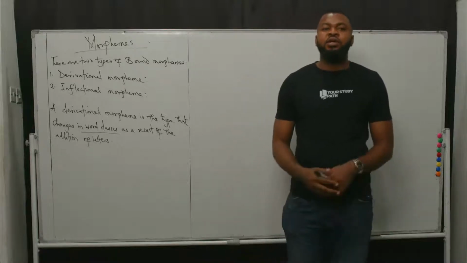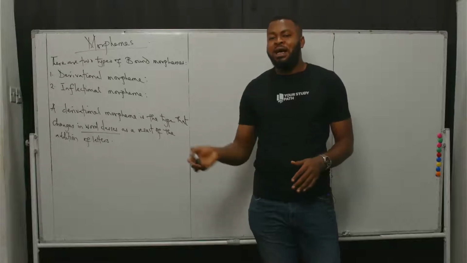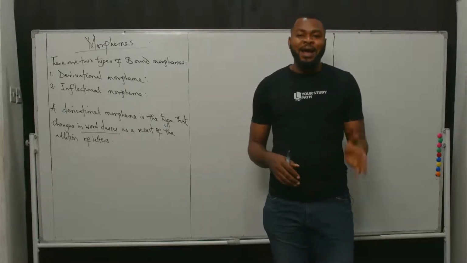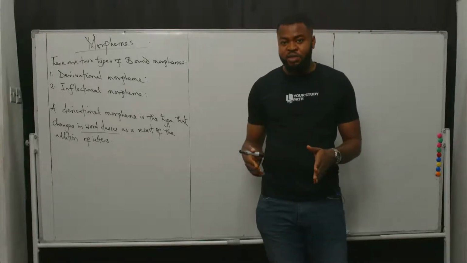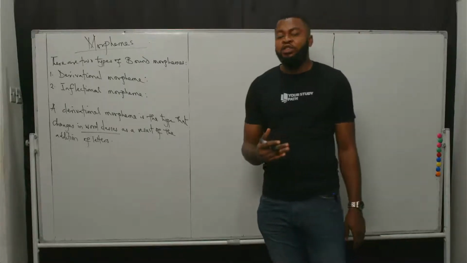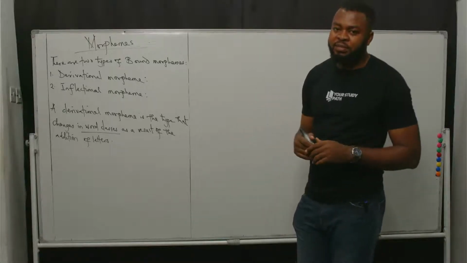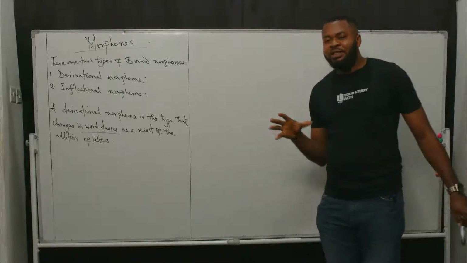For example, probably changing adjective to an adverb or changing a noun to an adjective. Do you understand? There will definitely be changes in the word class. So the major attention for a derivational morpheme is the change in the word class as a result of the addition of letters.